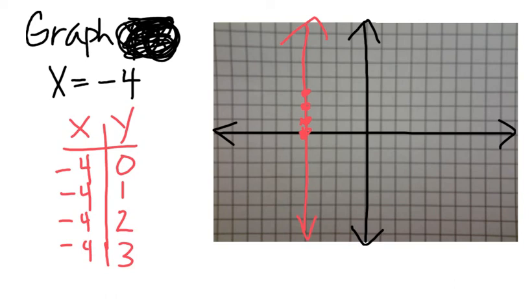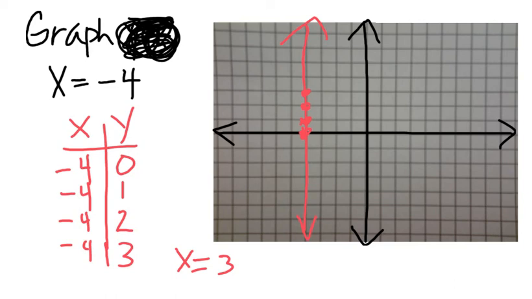They wouldn't pass the vertical line test, if you remember what that is. But that doesn't matter. We could still graph it. It's still an equation. Okay, so if I said, graph x equals 3, where would that be?